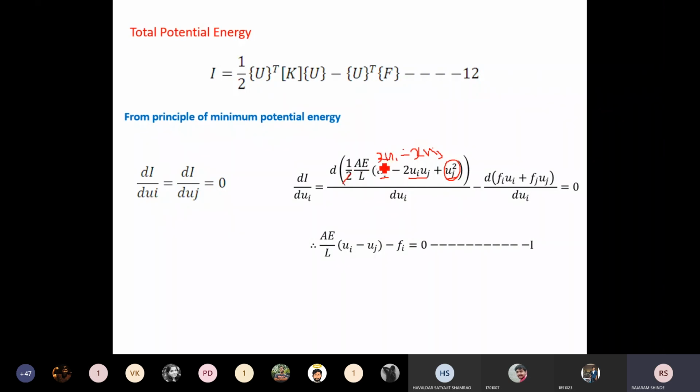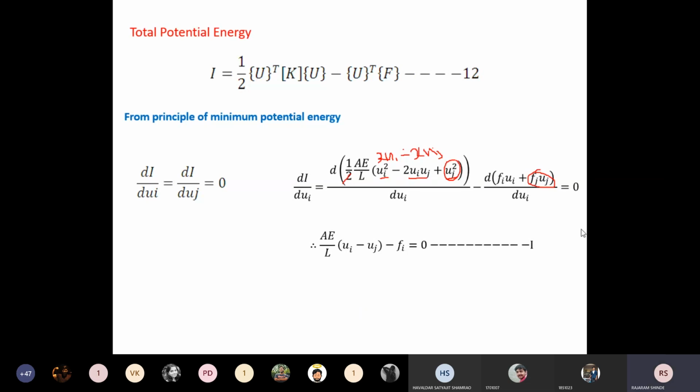Now the next term is d of Fi ui. Here the derivative of this is Fi only, and the derivative of the other term is 0. Agree with this, and AE by L is as it is, and you will get ui minus uj minus Fi. Any doubt now?